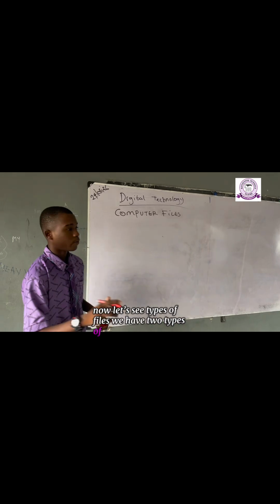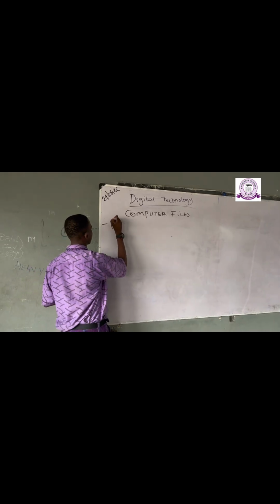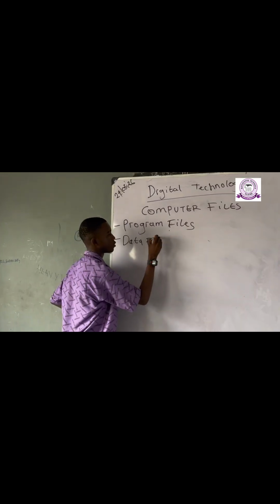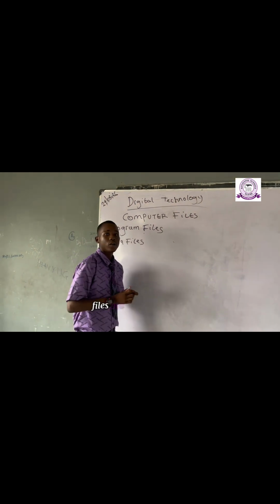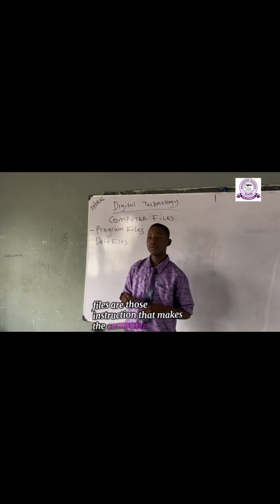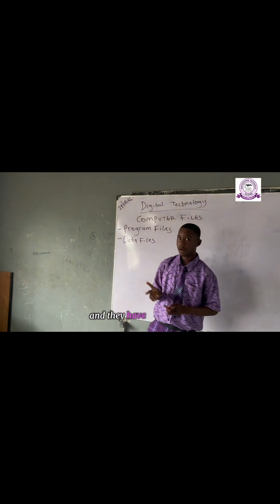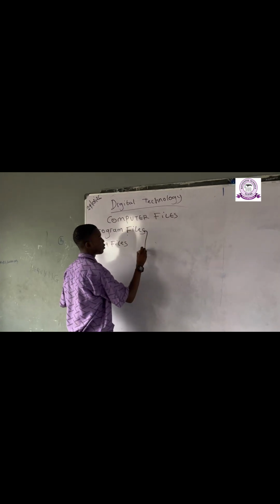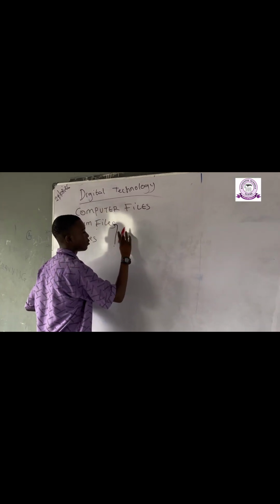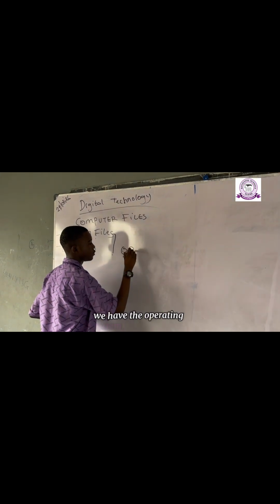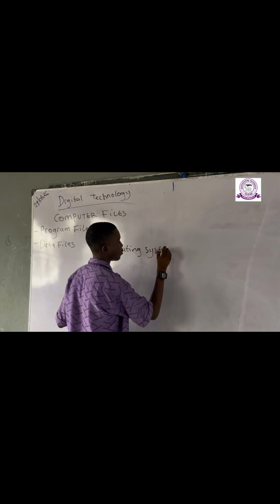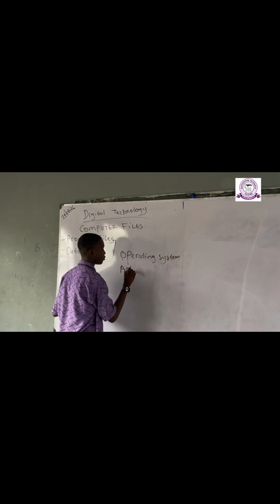Now let's look at types of files. We have two types of files, and they are program files. Program files are those instructions that make the computer system work properly, and they have two types under them: the operating system and application software.